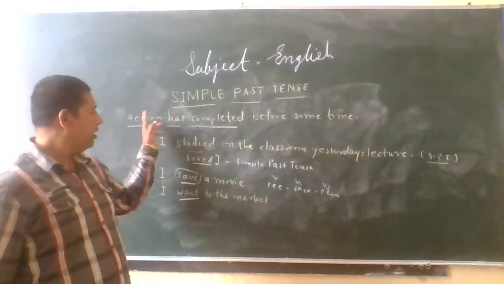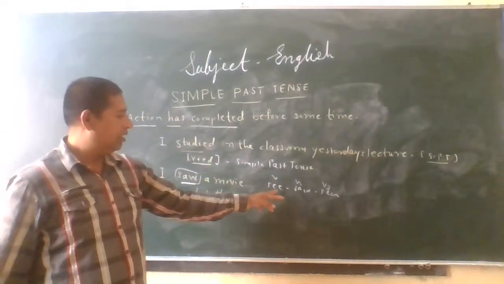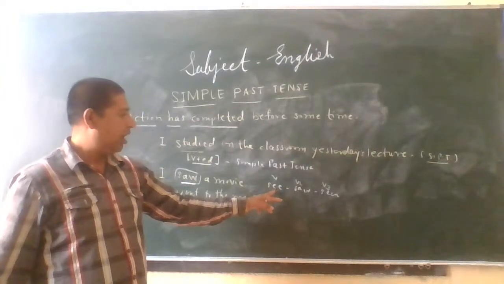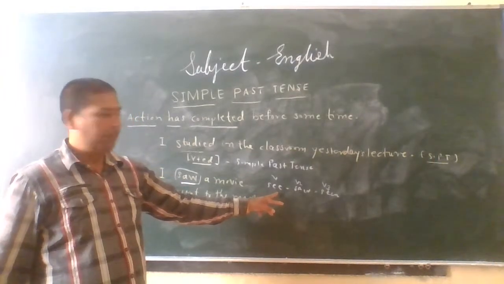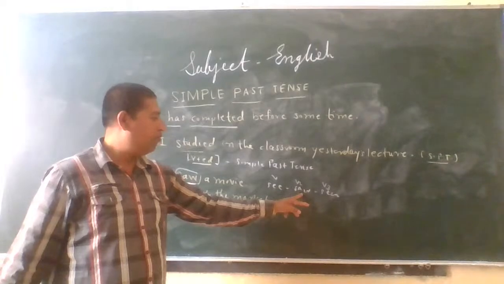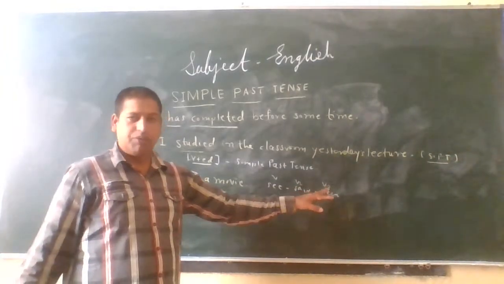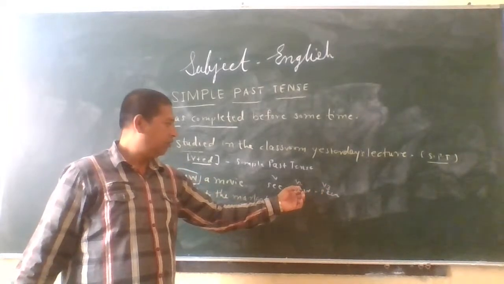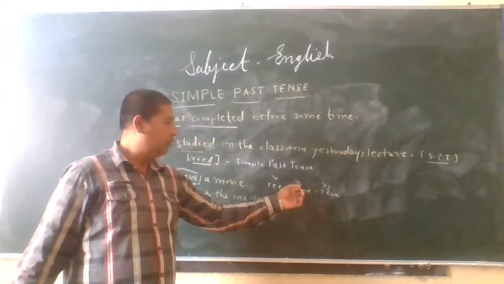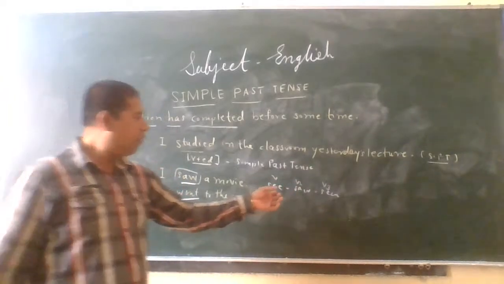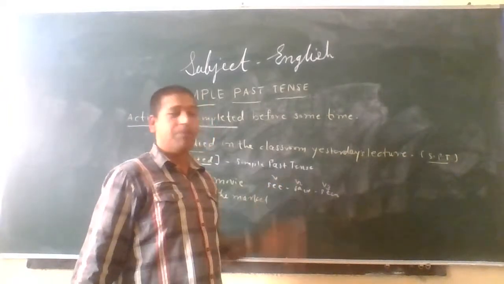So, I see my book today. I saw my book yesterday. We are going to study the verb second form for the simple past tense.